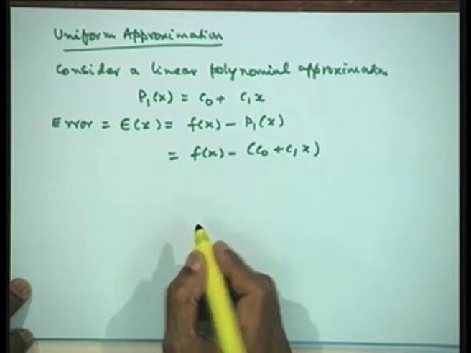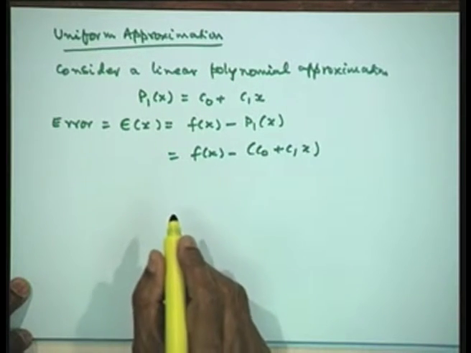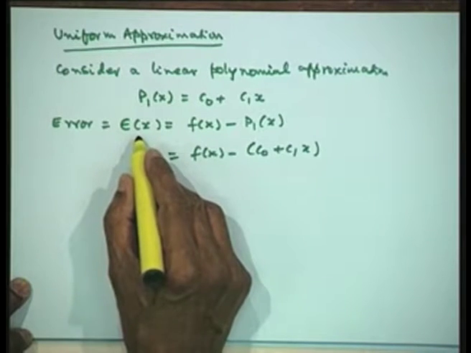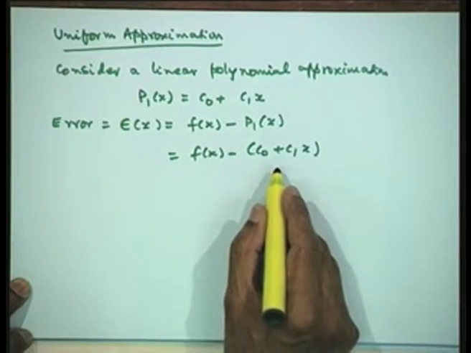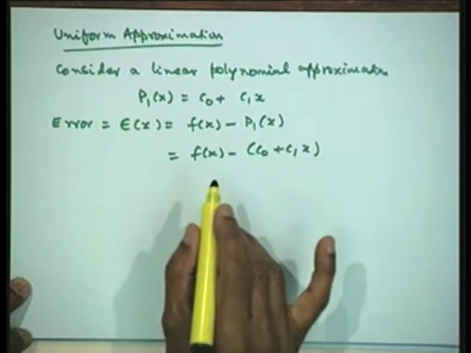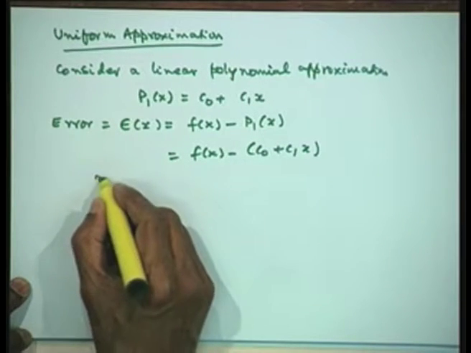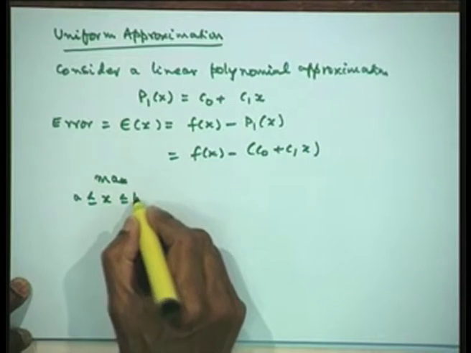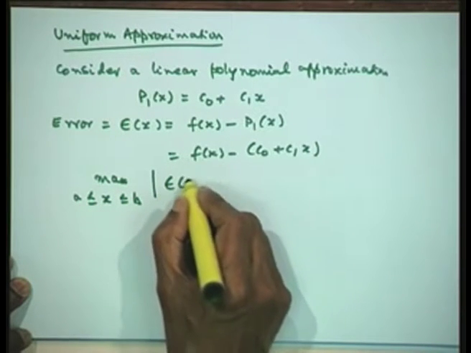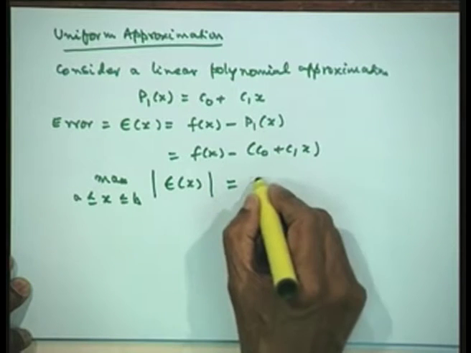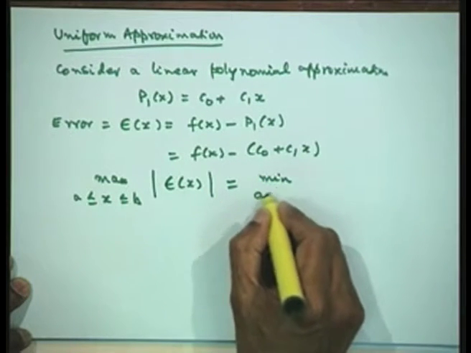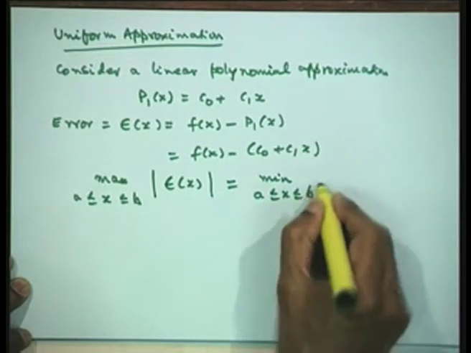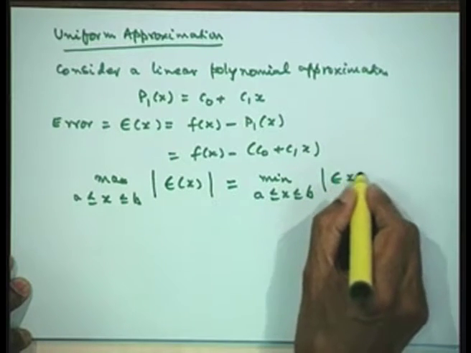Now, the problem of uniform approximation therefore is that the maximum of error should be equal to the minimum error in the interval, whatever the interval we have considered a b. That means, maximum of the error in the interval a less than x less than or equal to b of this magnitude should be equal to minimum of a less than x less than or equal to b of error x.